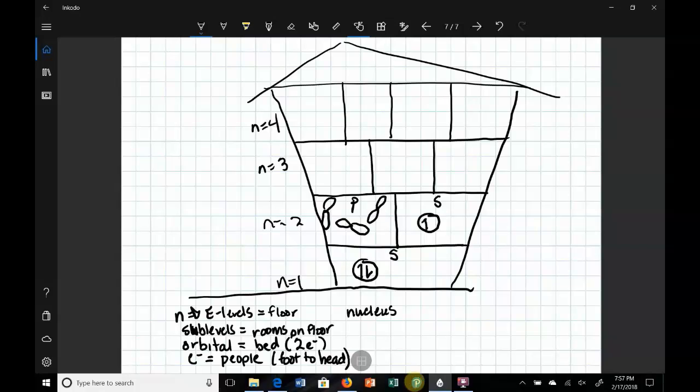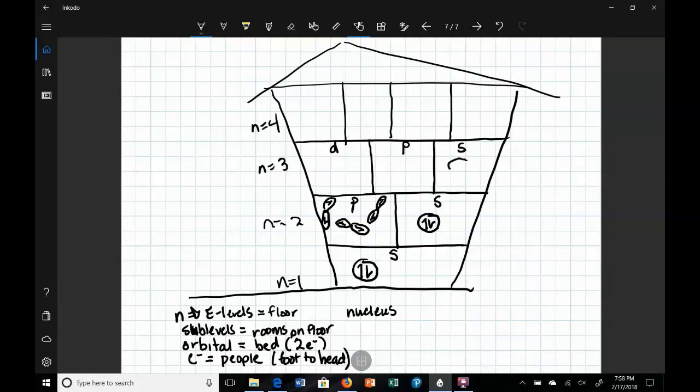So we can have 2 electrons in the s orbital, 2 electrons in a p orbital, 2 electrons in this p orbital, and 2 electrons in the last p orbital. As we go to the third floor, we have an S room, a P room, and a D room.